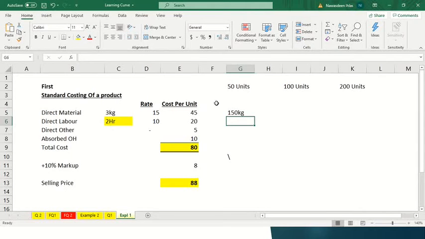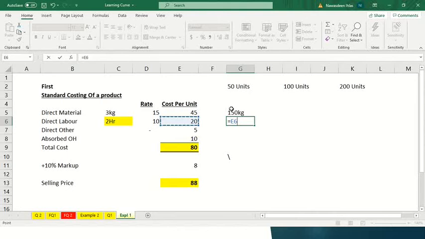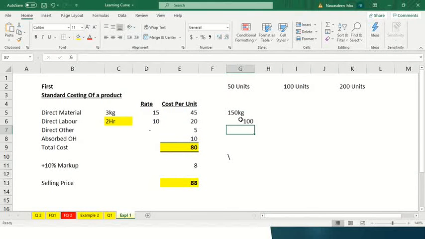For 50 units we need 100 labor hours, right? So here per unit 5 rupee cost is there, so that is not relevant here. The main part, the labor cost will get impacted.